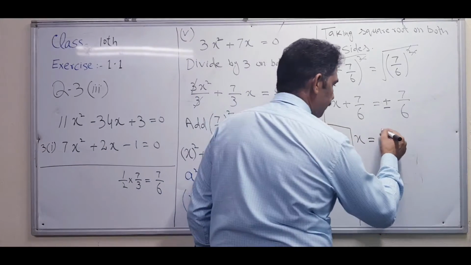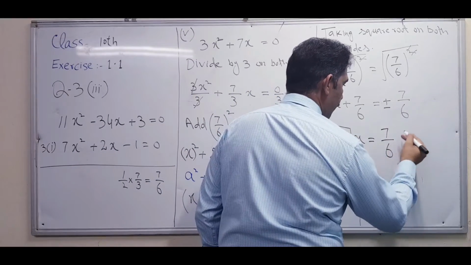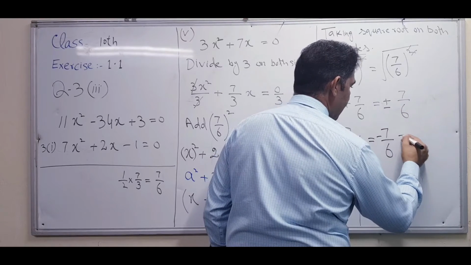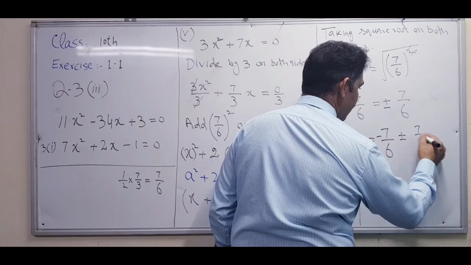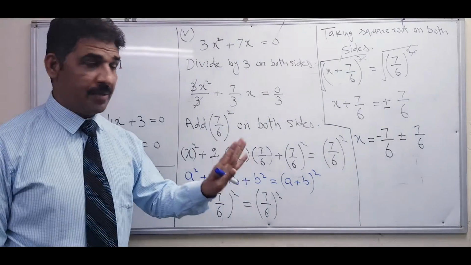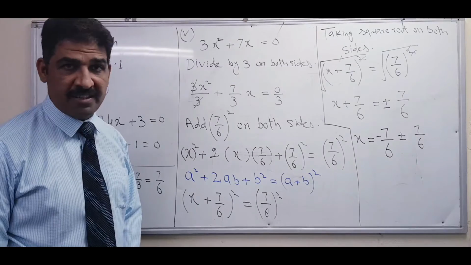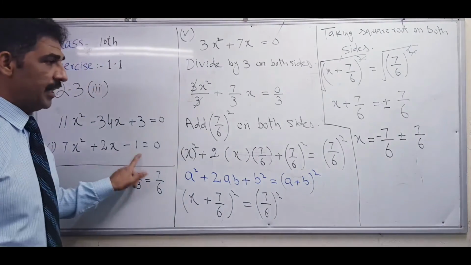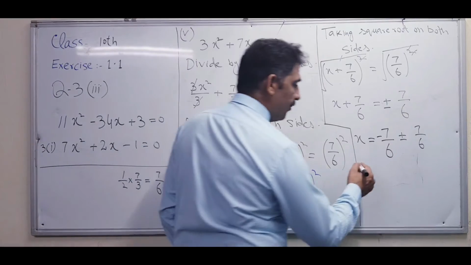Okay, good. So first I will write this minus 7/6 and plus minus 7/6. Now here more simplification is possible, so we will simplify, which we didn't in the previous question. So how do we simplify more?